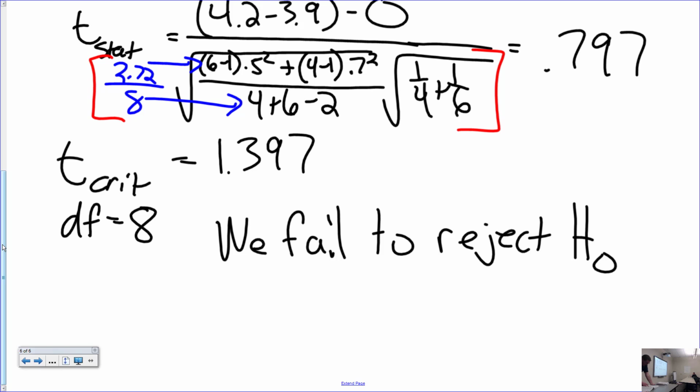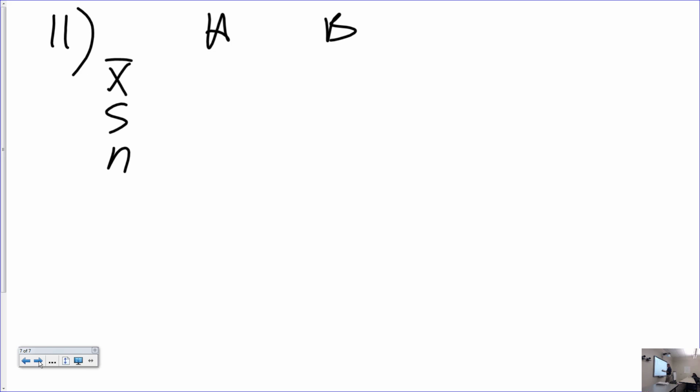Alright, let's do number 11. Those are different, right? Yeah, assume the variances are different. Alright. A and B, X bar, S, and N. Oops, I did it the other way around.